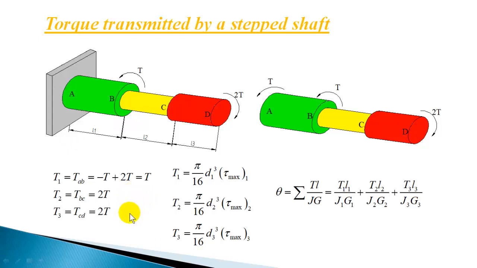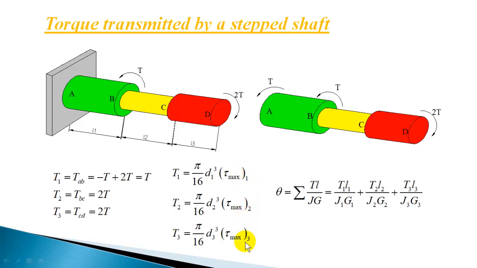Now after getting all these torques in the various sections, you can find out the shear stress induced in these sections using the formula: torque is pi by 16 d cube into tau max. So for the first section you can substitute the torque and pi by 16 d1 cube into tau max in that first section.